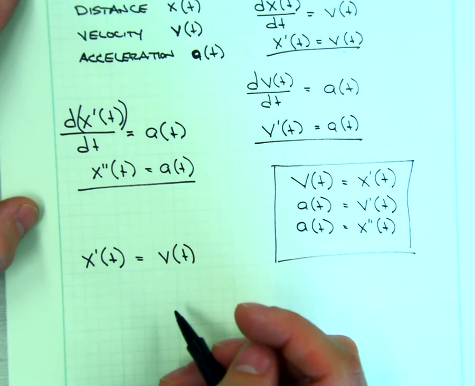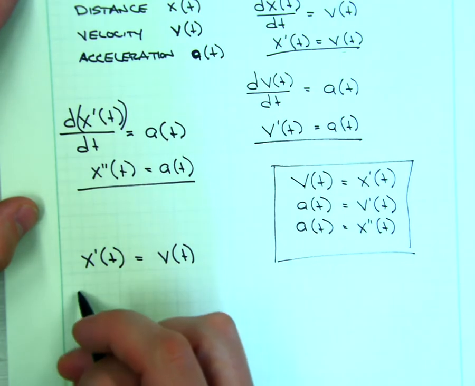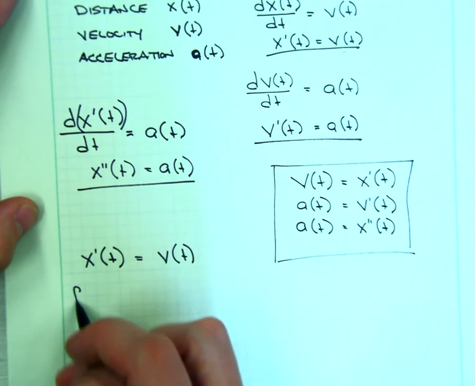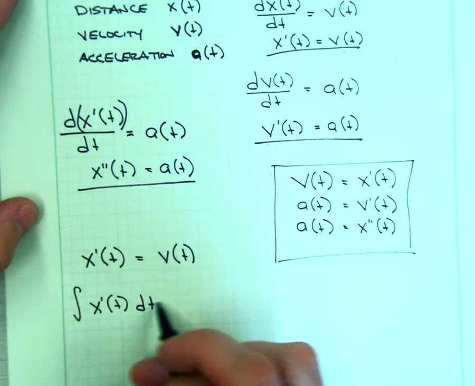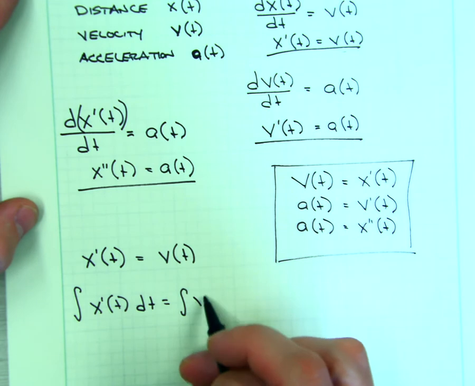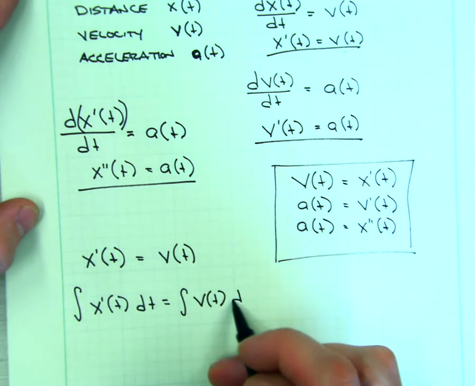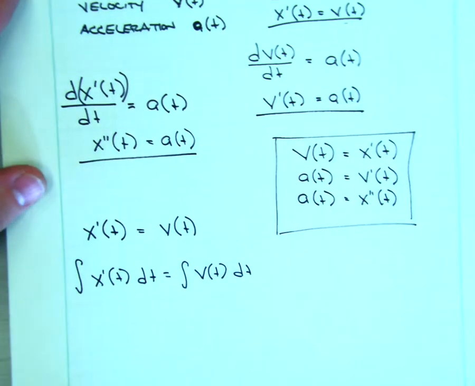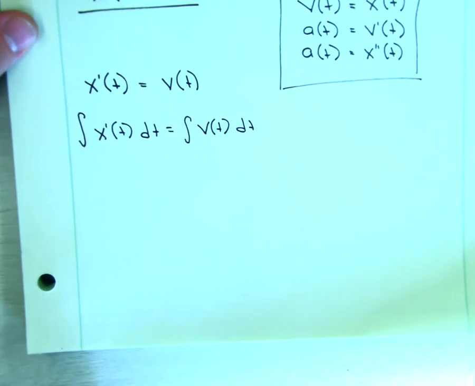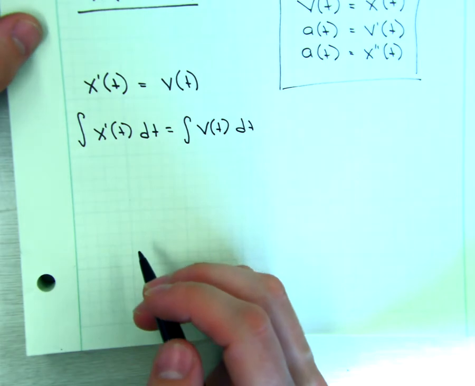So what can I do here? Well, I can take the integral of both sides: integrate x prime of t dt, and integrate v of t dt. I'm not angering any of the algebra gods, or the calculus gods in this case.